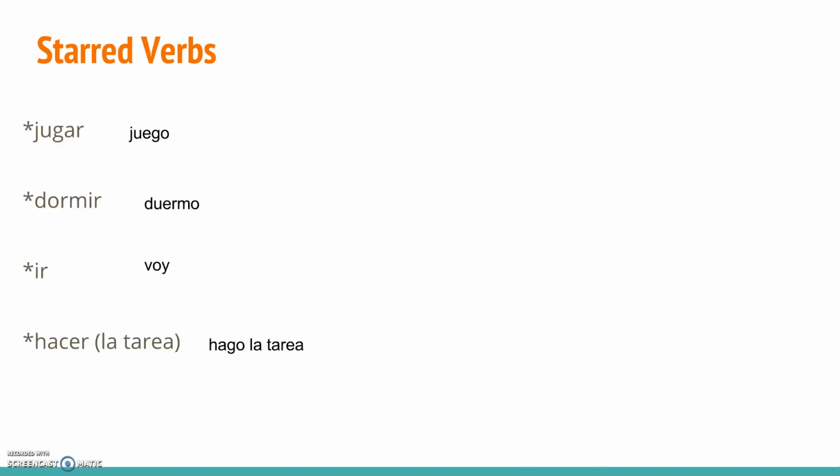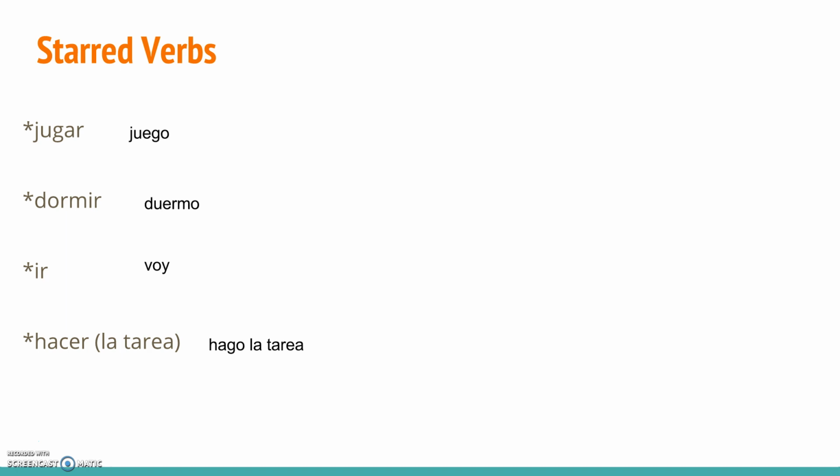Now we're going to look at these starred verbs. Jugar has an odd E in the middle of it, otherwise it follows the rules. Juego. Notice the pronunciation, juego. Dormir, still you take off the IR and add back the O, but it also has this UE in the middle of the stem.